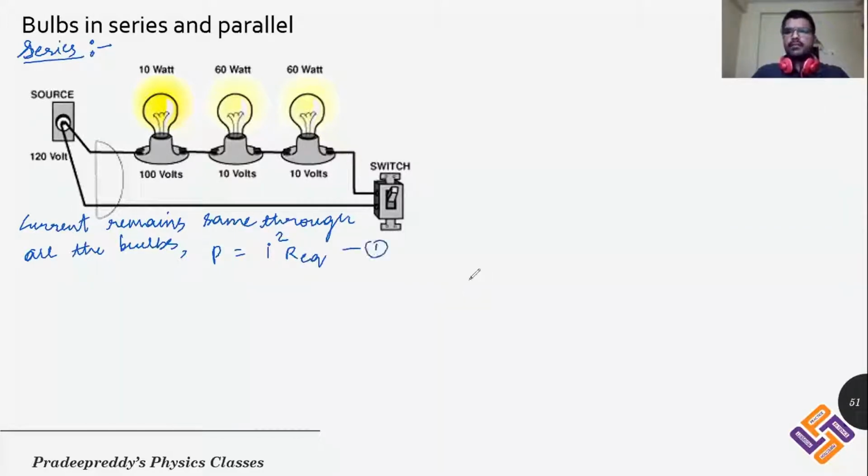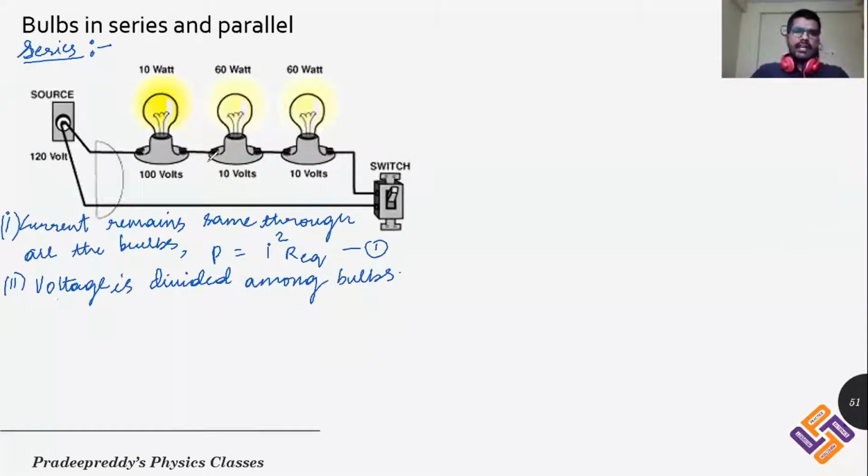You can take this as equation number 1. So power is directly proportional to square of the current passing through the circuit, and voltage gets divided among bulbs.